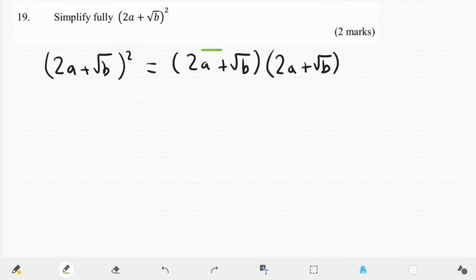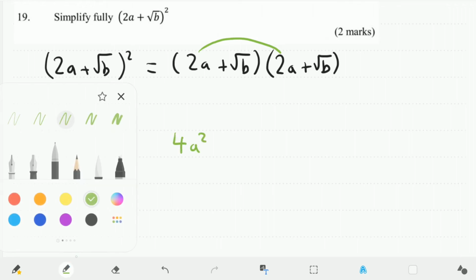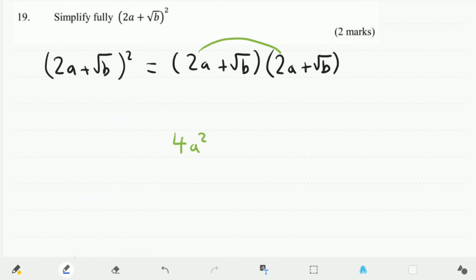So firstly, we have our 2a multiplied by our 2a, and that would give us 4a squared. Next, we have our 2a and our positive root b, which would give us 2a root b.